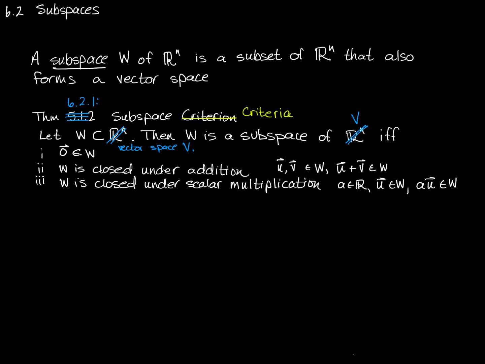Now, here we have to be very careful. We can't just cross out a few things and change them a little bit, because we need a zero vector in W, but it might not be a zero. It might be a matrix of all zeros. It might be 0 plus 0i if our vector space is the complex numbers. It could be any number of things, not necessarily what we would recognize as a zero vector.